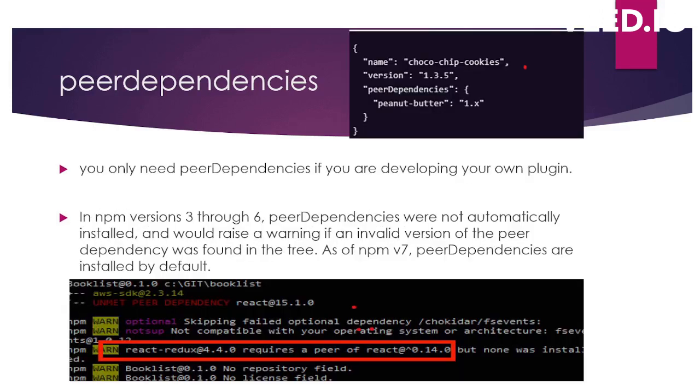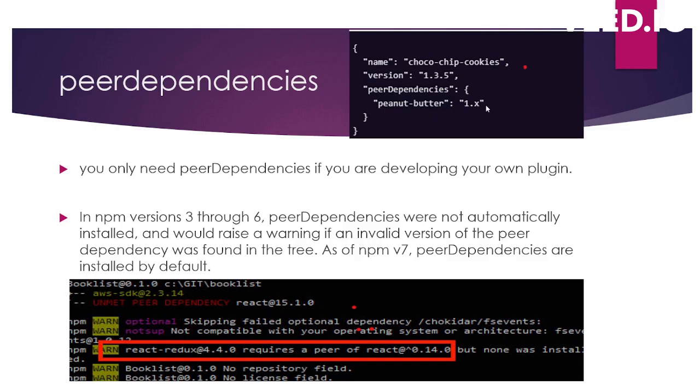Now coming to peer dependencies, you need them only when you're developing your own plugin or your own library. So suppose I have one library which is called Choco Chip Cookies. Now this Choco Chip Cookies requires peanut butter. So in my peer dependencies I've mentioned that Choco Chip Cookies requires the peanut butter library as well.